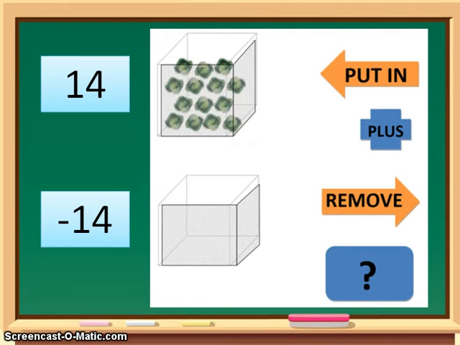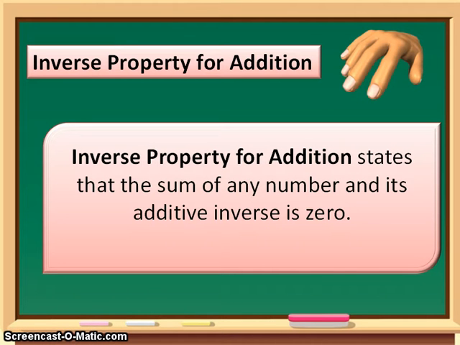Now let's have this other property. So if we put in 14 and if we add and remove that 14, that represents the inverse property of addition. It states that the sum of any number and its additive inverse is 0.